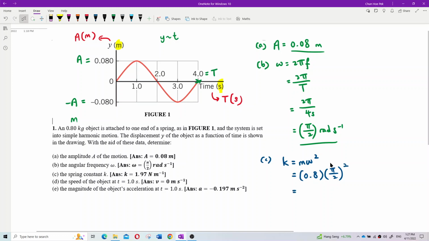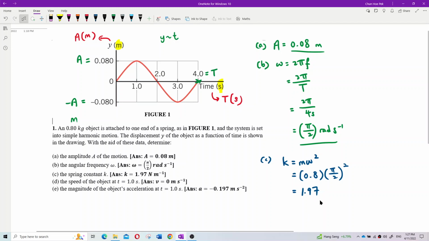Let's calculate the answer and see what we get. Pi over 2 squared multiplied by 0.8, I got 1.97. So the answer is correct.